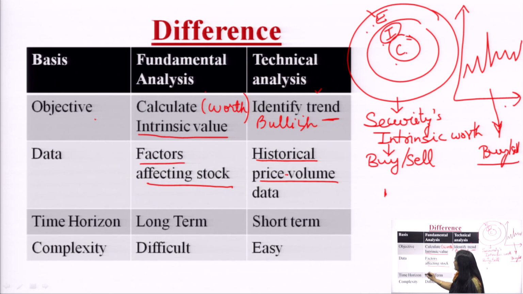Time period: this analysis would be giving us long term decisions. So the long term trend is being identified with the help of the fundamental analyst, and the technical analyst is finding out the short term trend, because the data is very limited.